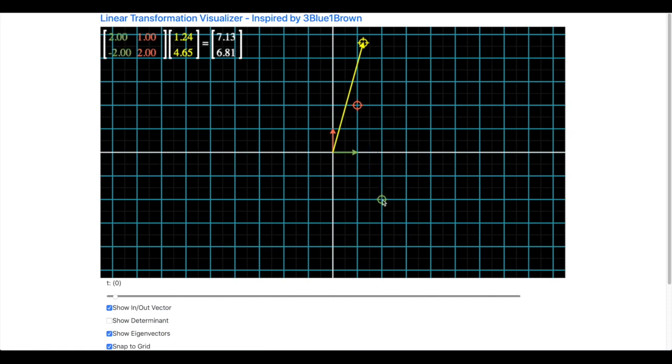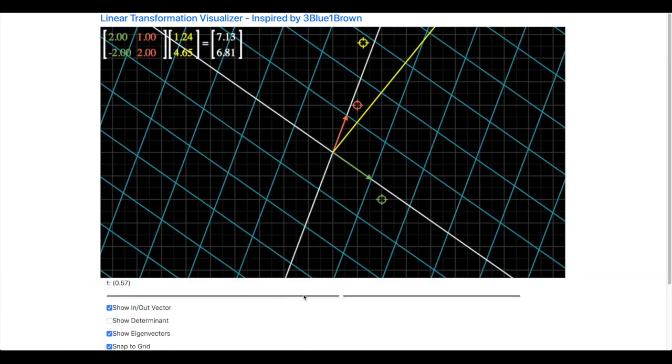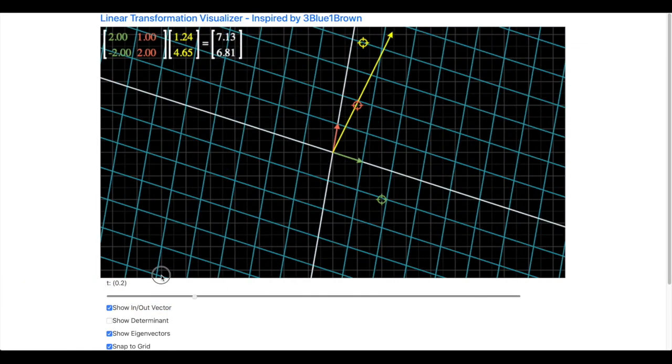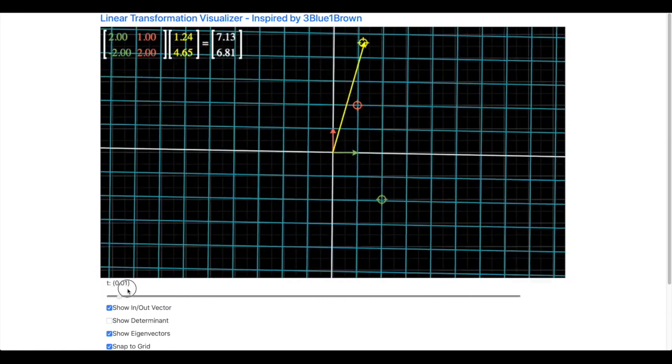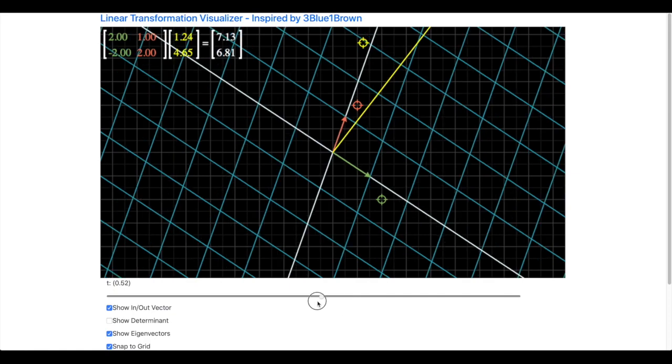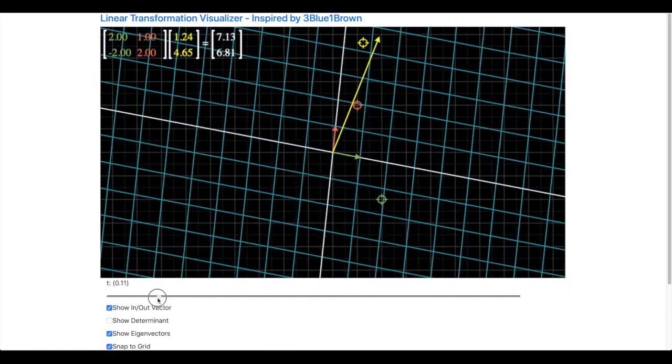And a second column of 1, 2, which is already there. And we're looking for eigenvectors here, and it sort of looks like everything gets turned. In the picture, it's not a pure rotation because there's some scaling, and the scaling happens a bit differently in different directions, but still the net effect is a rotation.